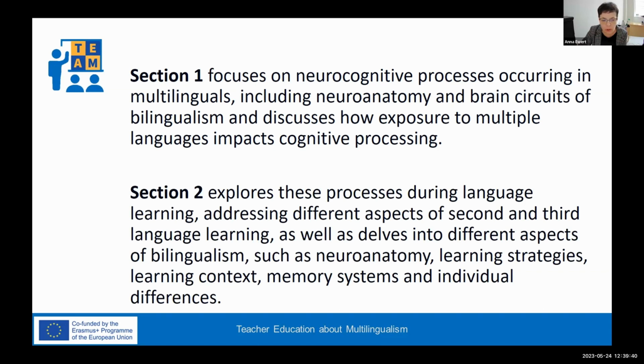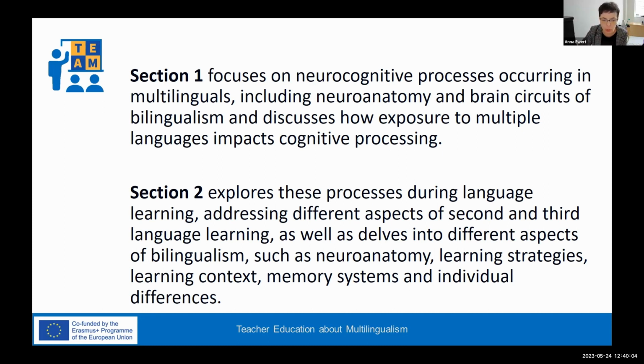Section 2 explores these processes during language learning, addressing different aspects of second and third language learning, as well as delving into different aspects of bilingualism, such as neuroanatomy, learning strategies, learning contexts, memory systems, and individual differences. So basically from section 1, you can find out what takes place in the brain.